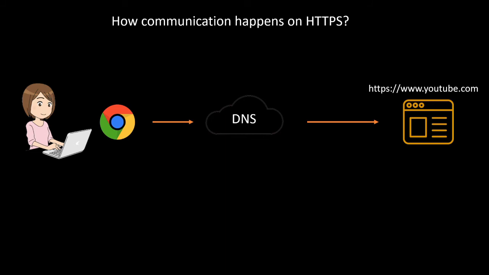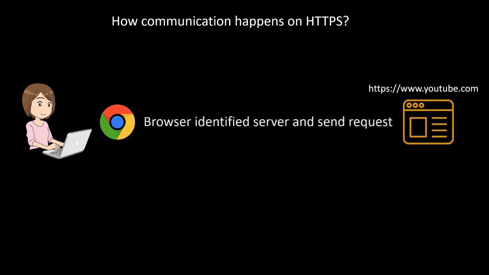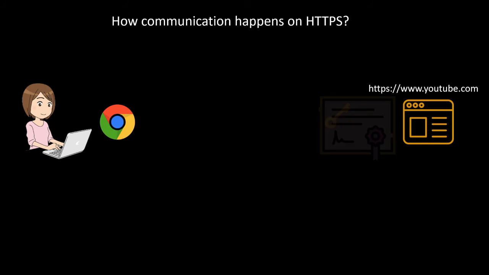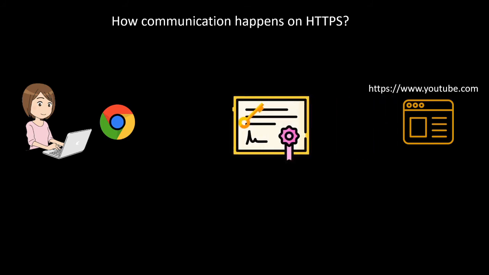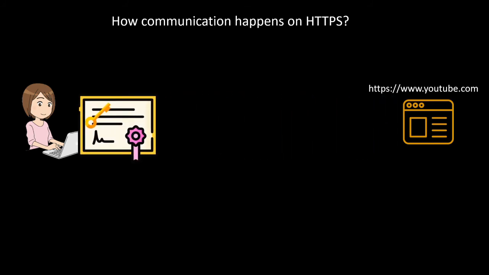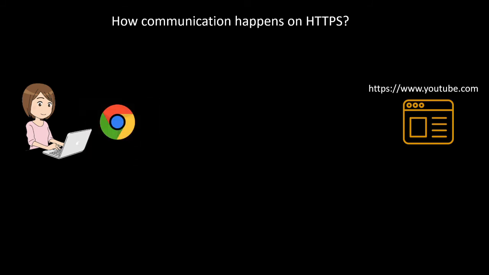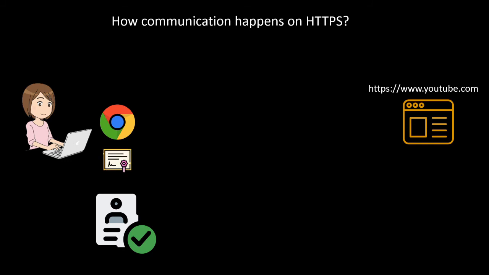The YouTube server sends back the certificate along with the public key as a response to Alice's browser request. Browser accepted. The browser has its own certificate authority listing. It verifies the youtube.com certificate against it and identifies who signed the certificate.